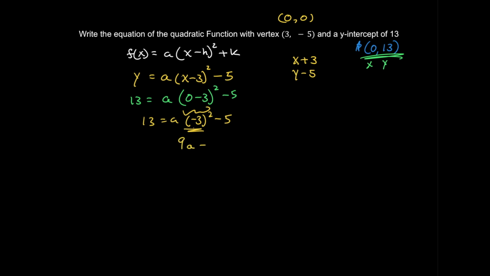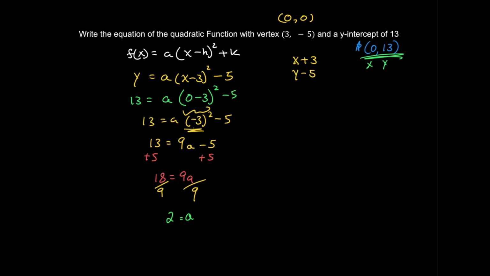I'll try to make those distinguishable. And then it's just a two-step equation from here. We will add 5 and get 18 equals 9a, and then divide both sides by 9 so that we get the value of a, which almost looks like a 9 itself, is 2.